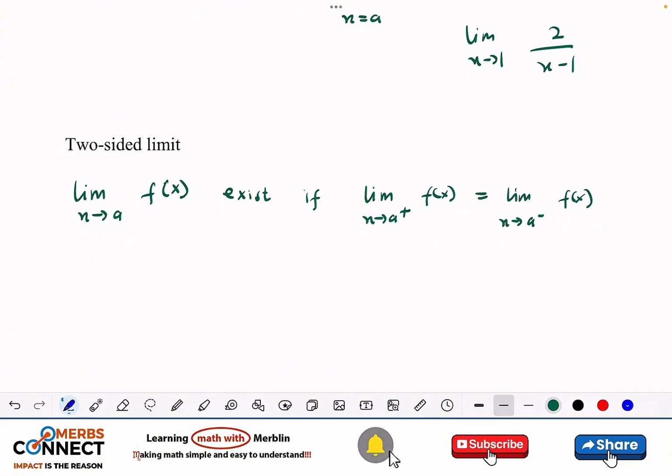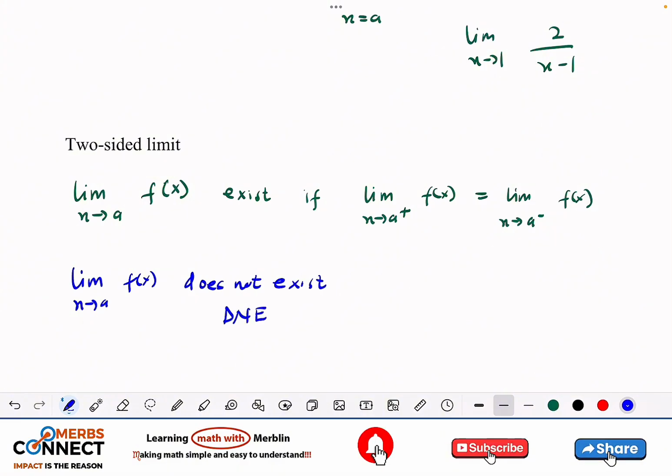Now the last one: the limit as x is approaching a of f of x does not exist. I'll write it as DNE, so when you see DNE in the video, I'm talking about does not exist.